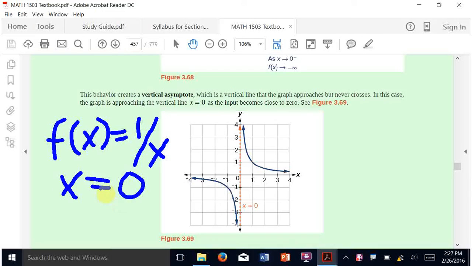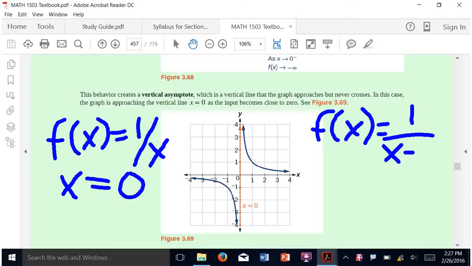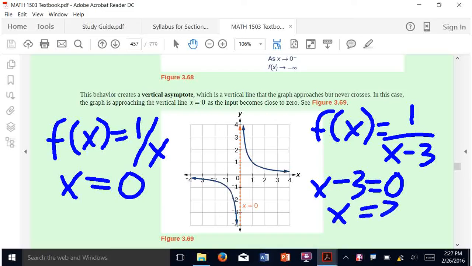So for example, if we had a function that's a horizontal shift of our reciprocal function, we would set this equal to 0, and we would find out that x equals 3 is our vertical asymptote.